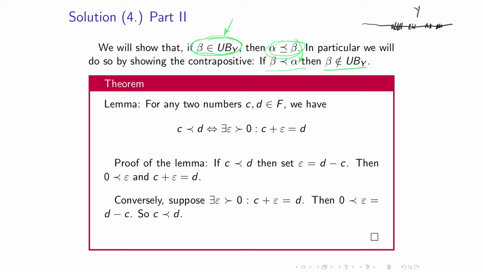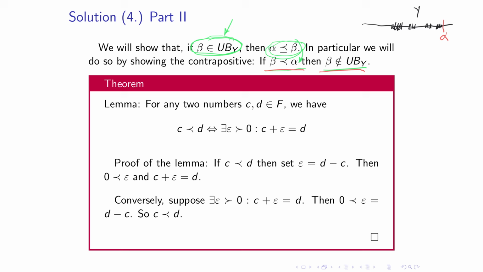That's kind of the whole idea of property number 2. So you have to draw alpha right up against the set Y and say if you went any lower than that, then you would not have an upper bound. That is essentially the idea of alpha. And so proving this contrapositive puts beta below alpha, and that makes it very trivial that beta is not an upper bound, which is exactly our goal.